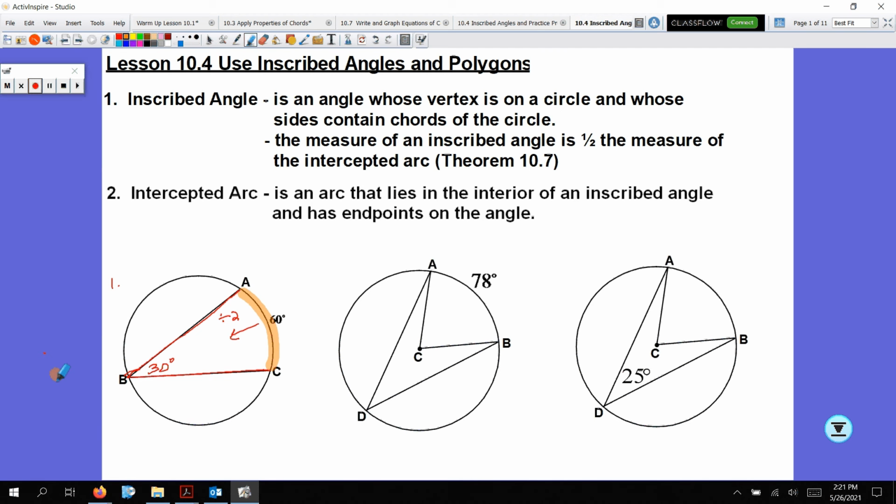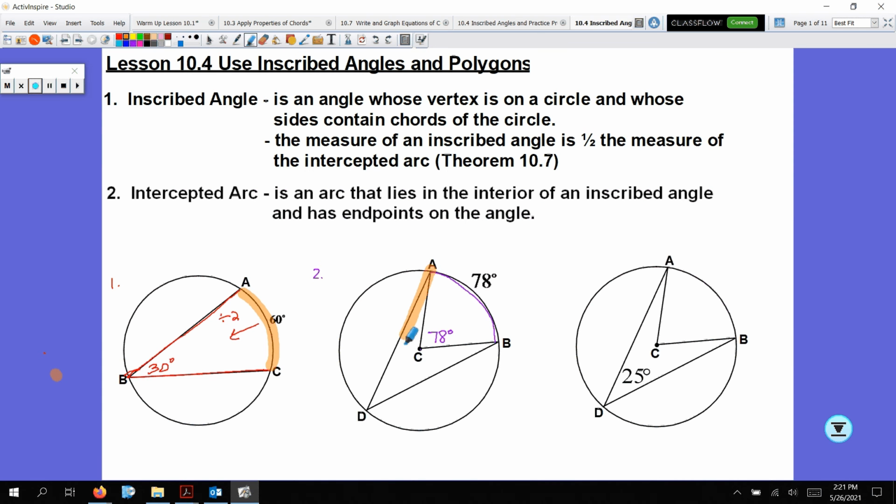So first off, let's look at our example number 2 here. All right, so here's my second example. Here, it's saying that this minor arc is 70 degrees, okay? The circle center is C. This is a central angle, which is the same. Remember, that's like the projector. Whatever's in the center projects out to the edge of the circle. But inscribed, when I go inside the circle, things change a little bit.